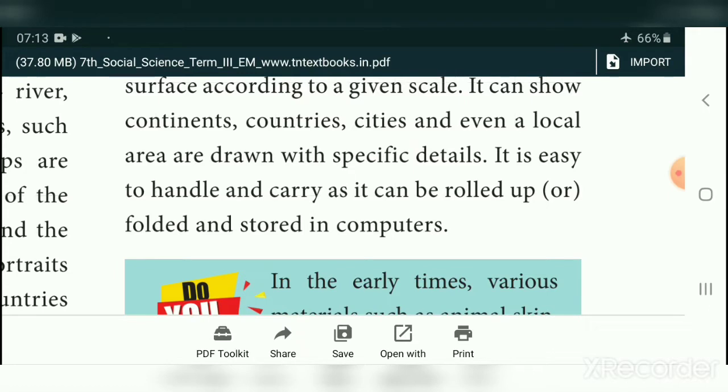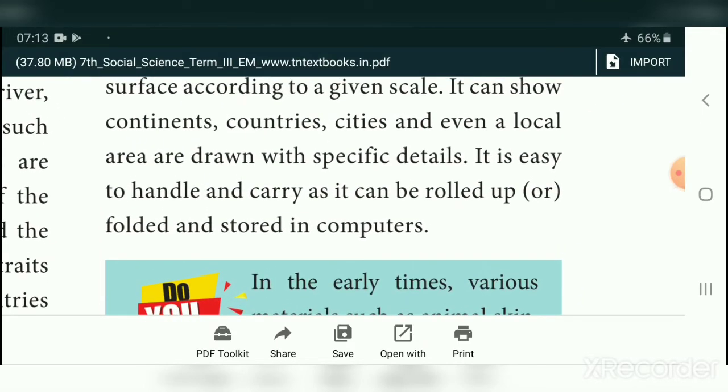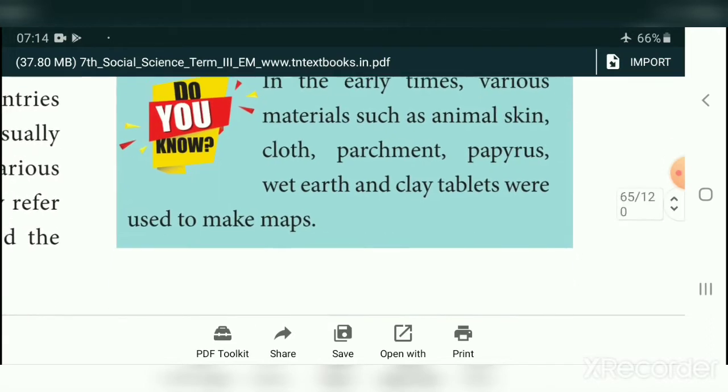We can carry the map anywhere, we can roll it up or fold it, and we can store it in a computer. So the handling of a map is a very easy method. In the early times, various materials like animal skin, cloth, parchment, papyrus, wet earth and clay tablets were used to make maps.